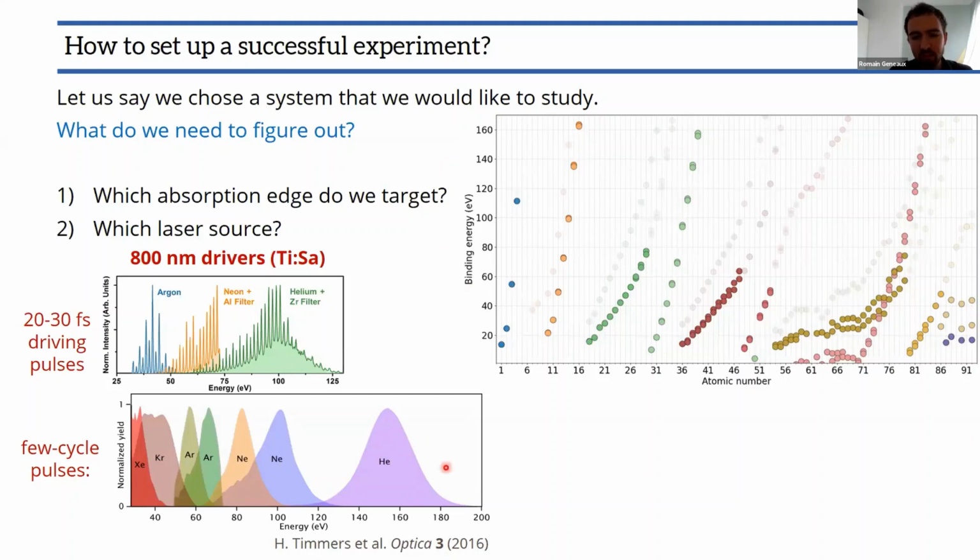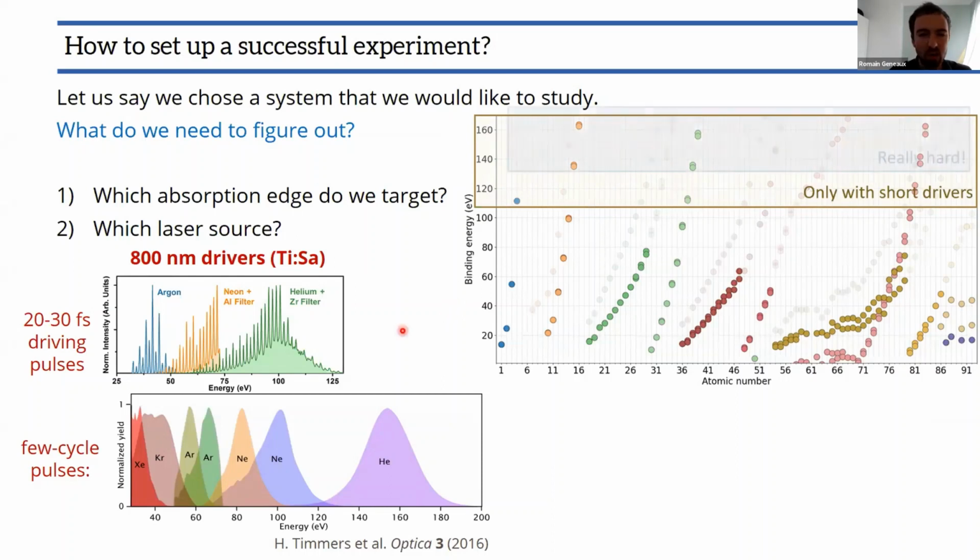And so you get this map, zoomed in on the Ti:sapphire laser. I can add that this range is only accessible if you use short drivers. And I can also add that up there, at 150 or 160 eV, it becomes really hard. There are not that many people that have a source with enough photons with Ti:sapphire lasers that can actually do experiments using these kinds of energies.